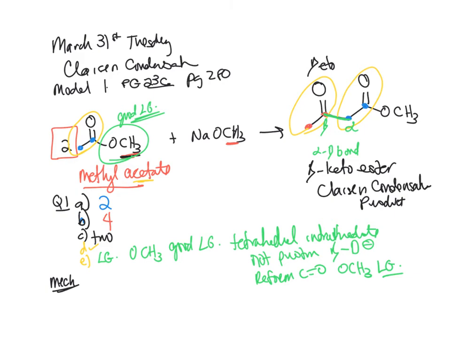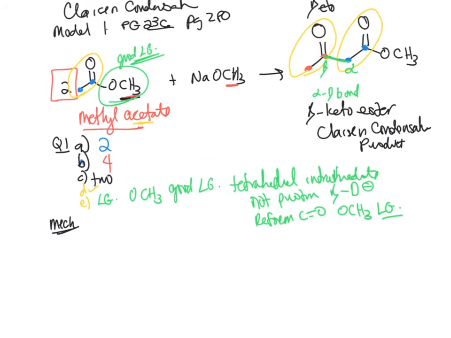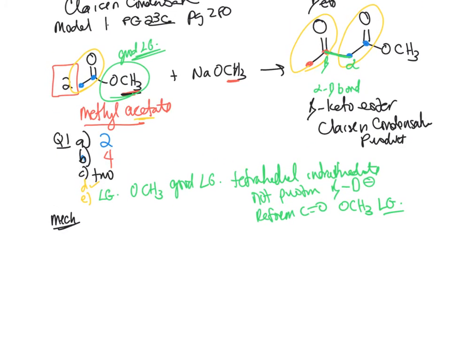Recall the aldol condensation. So on here, they're telling you to recall the aldol condensation. This is problem number 2. So this is your aldol condensation. You had an enolate here, which is your nucleophile, and this is your electrophile.